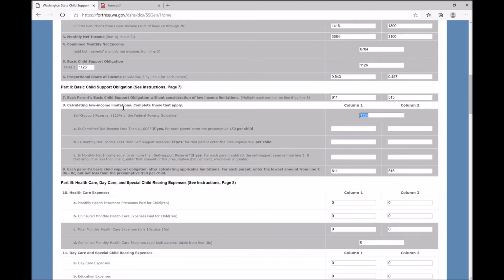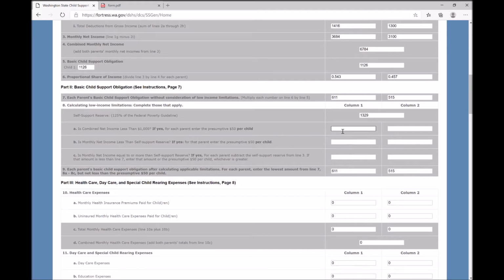Low income limitations. This does not apply to everybody. This may apply to some people. For example, if the combined income is less than $1,000, then you just put $50 for each parent because you have to support the child. If you don't have any income, you still have $50 as a contribution there.